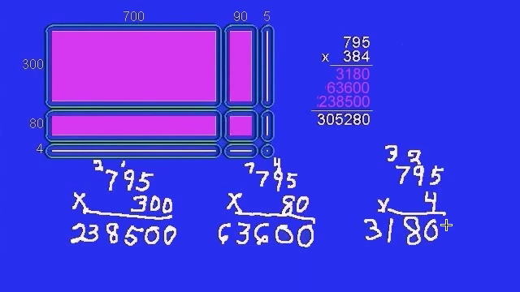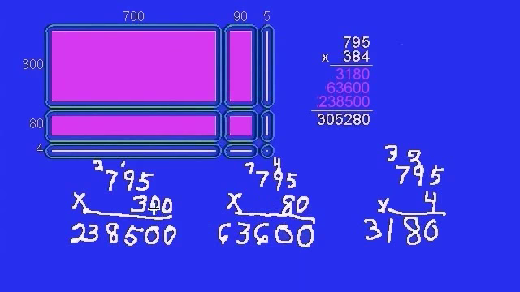So 4 times 5 is 20, 0, carry 2. 4 times 9 is 36 and 2 is 38. Carry 3, 4 times 7 is 28 and 3 is 31. Then for the 80 multiplication, we just bring down the 0. Then 5 times 8 is 40, carry the 4. 8 times 9 is 72, plus 4 is 76. 6, carry the 7. 7 times 8 is 56, and 7 is 63.